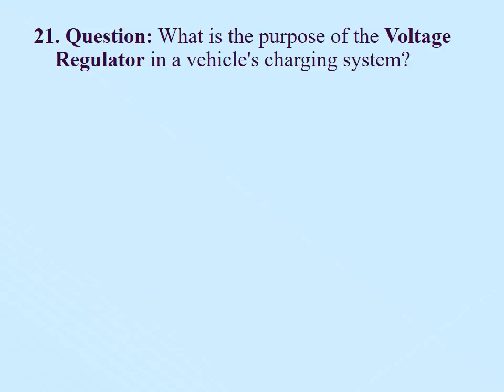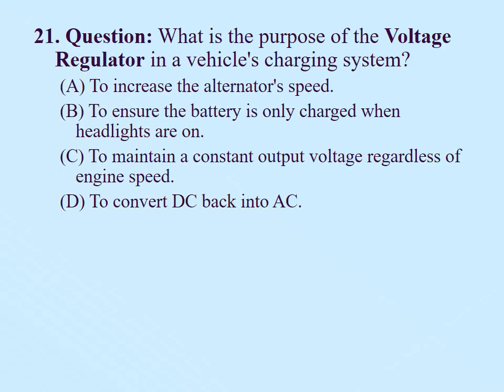Next question. What is the purpose of the voltage regulator in a vehicle's charging system? Option A. To increase the alternator's speed. Option B. To ensure the battery is only charged when headlights are on. Option C. To maintain a constant output voltage regardless of engine speed.